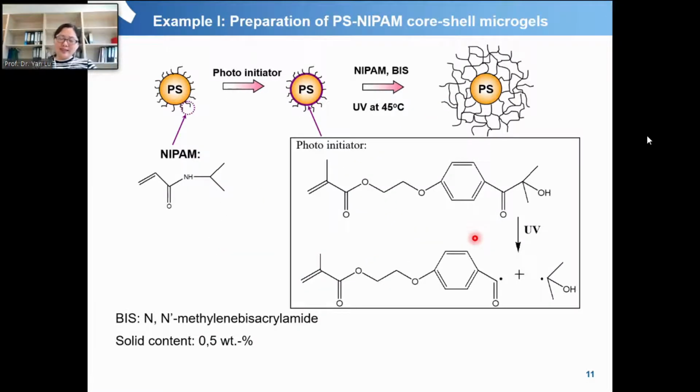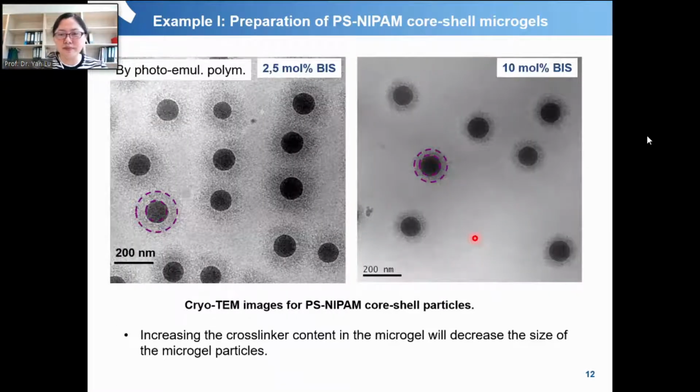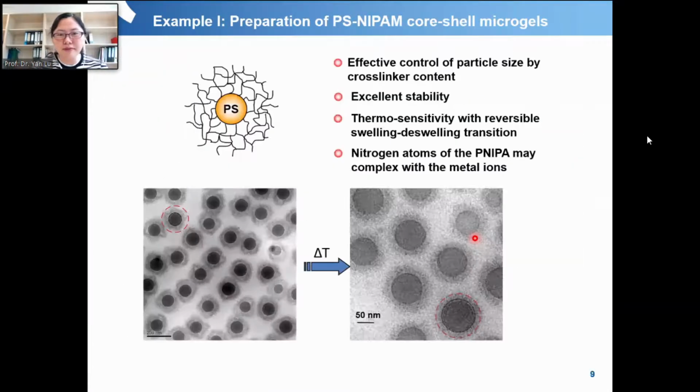And another thing you can use is, instead of this free radical polymerization using commercial KPS as the initiator, you can also run it by photopolymerization. This is because I want to show here, if you look into detail of this cryo-electron microscopy here, you see that actually this polyNIPAM shell is not homogeneously deposited onto the polystyrene core.